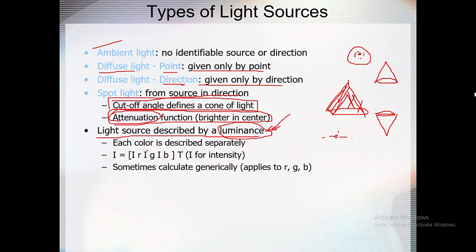It means we define how intense the light is. So each color is described separately as the intensity I. That means intensity of red, intensity of green, intensity of blue. So sometimes calculations generically apply to RGB.